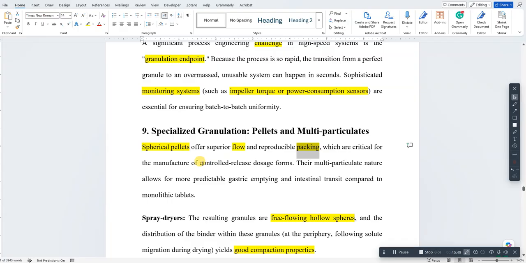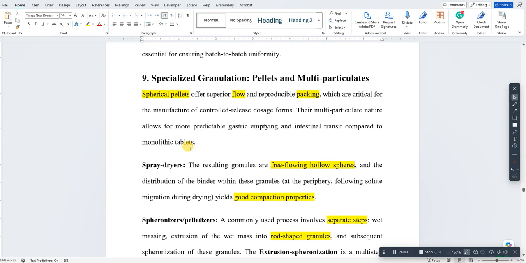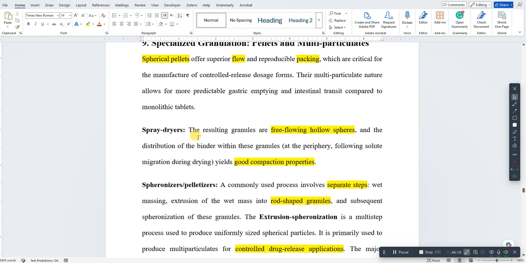They are very important when we want to manufacture controlled release dosage forms. That's why whenever you hear about spherical granules or pellets, you have to think about controlled release and about capsule dosage forms, because these pellets will have good flow and good packing inside the capsules.